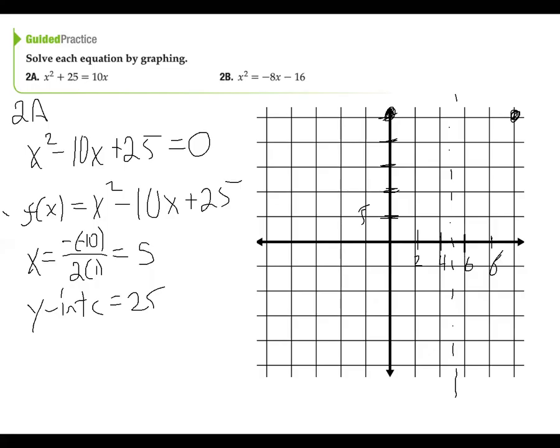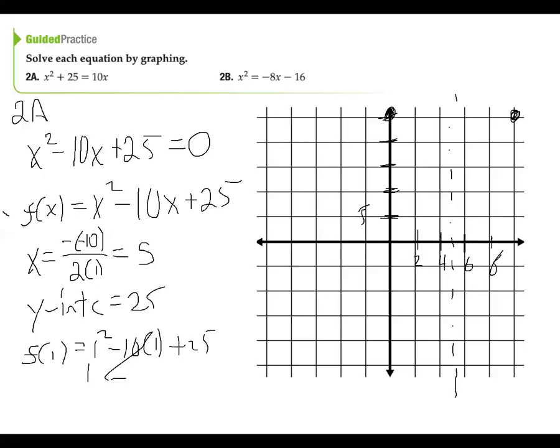So let's do f of 1. That's usually easy. So it'd be 1 squared minus 10 times 1 plus 25.